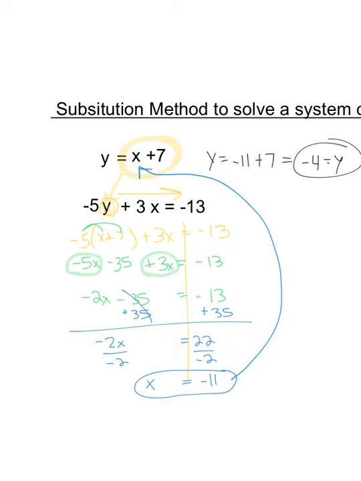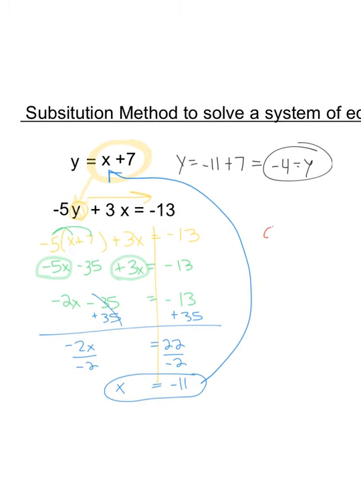Then we can use the other equation that's a little bit more complicated and plug in both of our x and our y number to check our answer. So to check our answer, I'm going to take this bottom equation, -5y plus 3x equals -13.